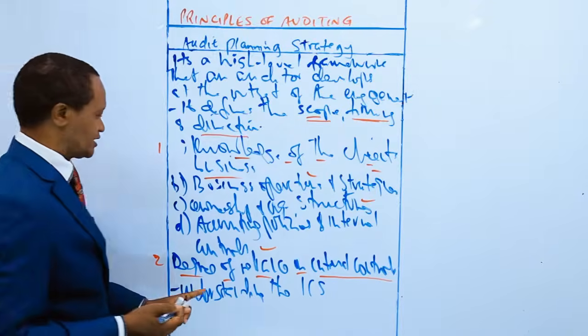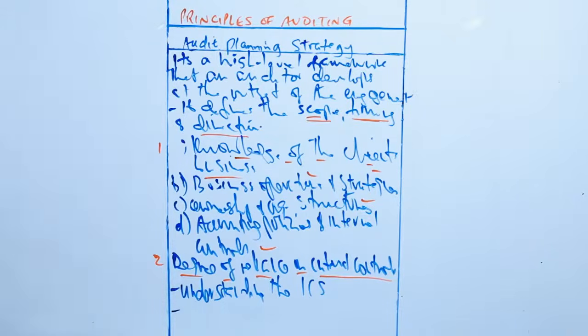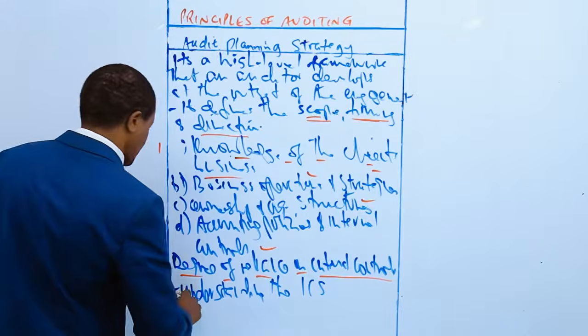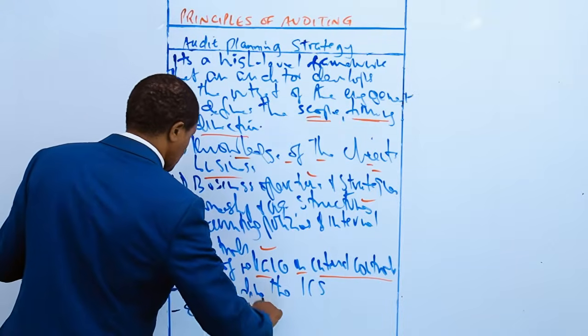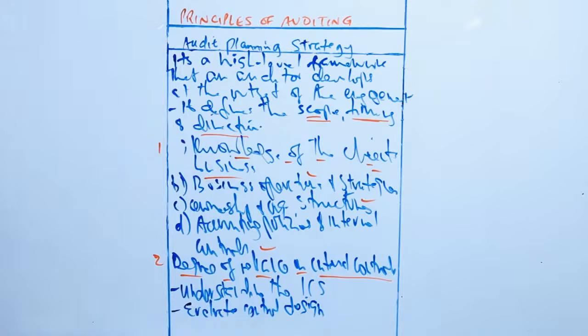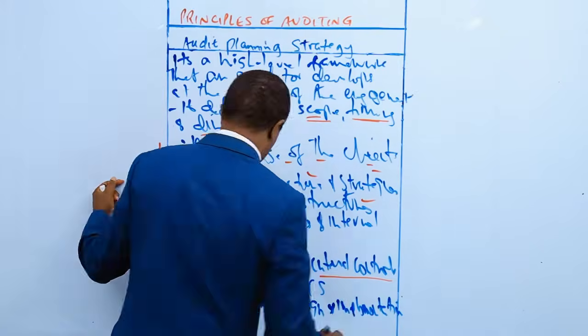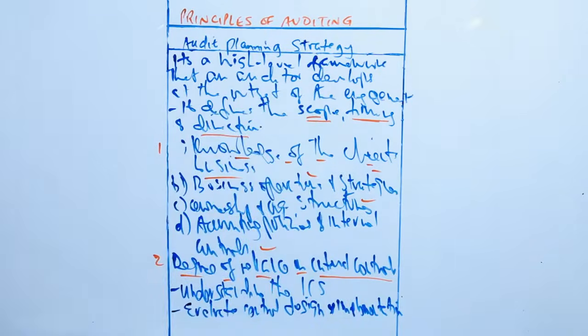After gaining an understanding of the internal control system, the auditor has to evaluate control design and implementation. That means determining if the controls are appropriately designed to prevent or detect material misstatements, and if they are actually being put into operation.